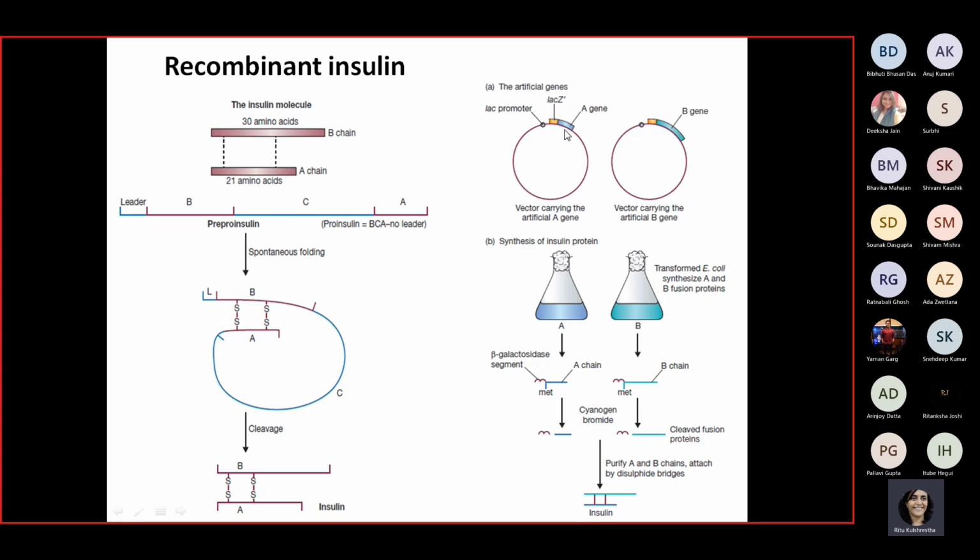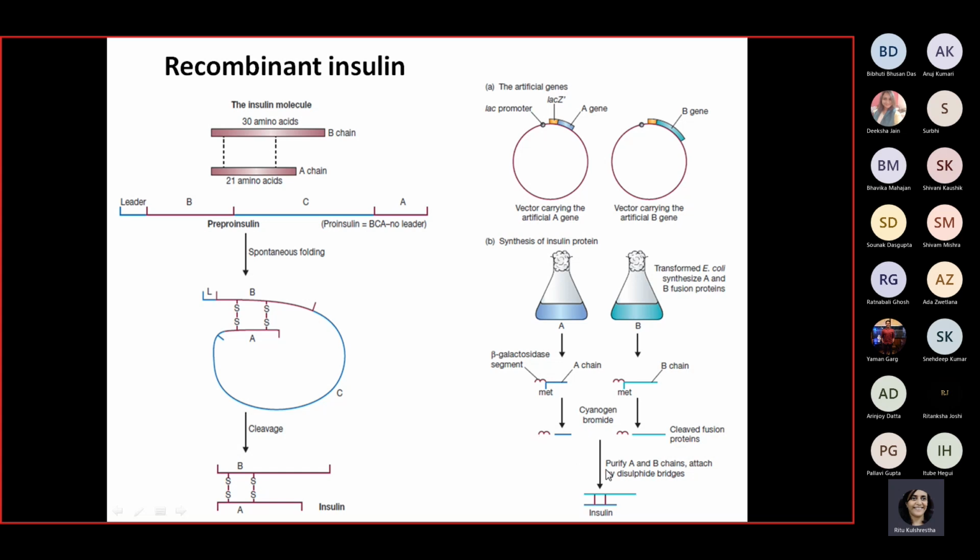Because these A and B proteins were cloned in the MCS, it was realized that a small part of beta galactosidase was part of the final chain. Because we want to use it for therapeutic purposes, this short chain has to be removed. If you remember, I told you there are various ways to remove these fusion tags.